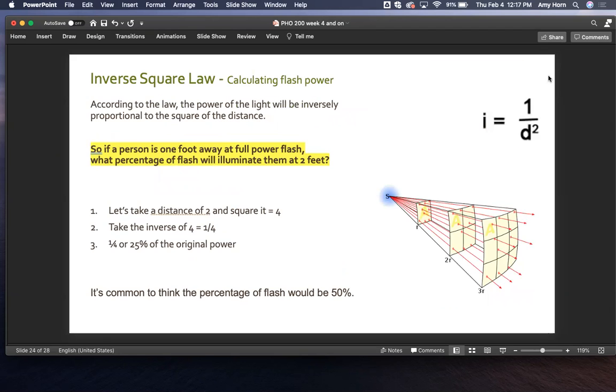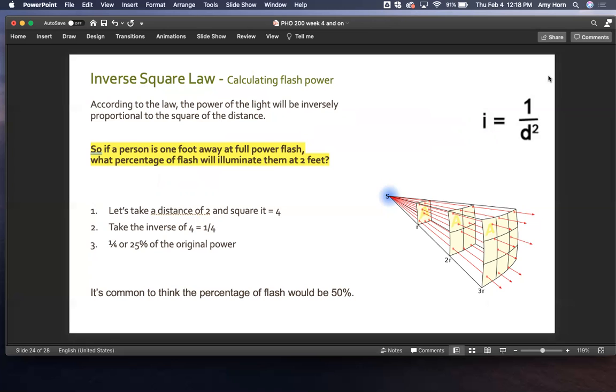We have an additional video that we've recorded on inverse square law, but here's a quick overview again. According to the law, the power of the light will be inversely proportional to the square of the distance. So the formula for inverse square law equals 1 over distance squared. If you have a distance of 2, that gets squared to be 4, and you have the inverse, which is 1 over 4.